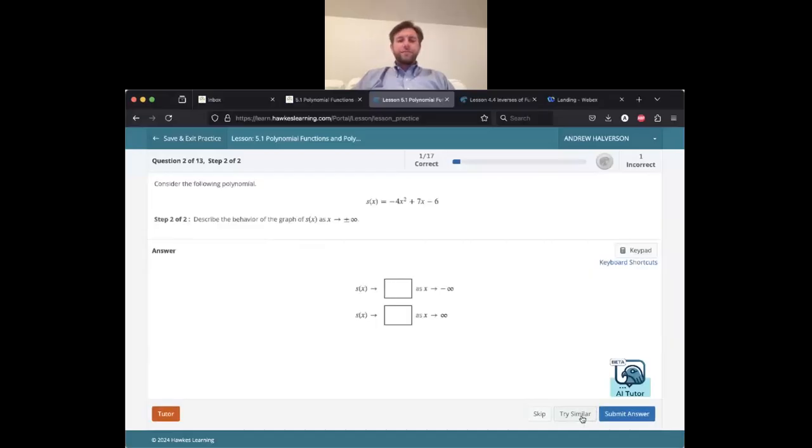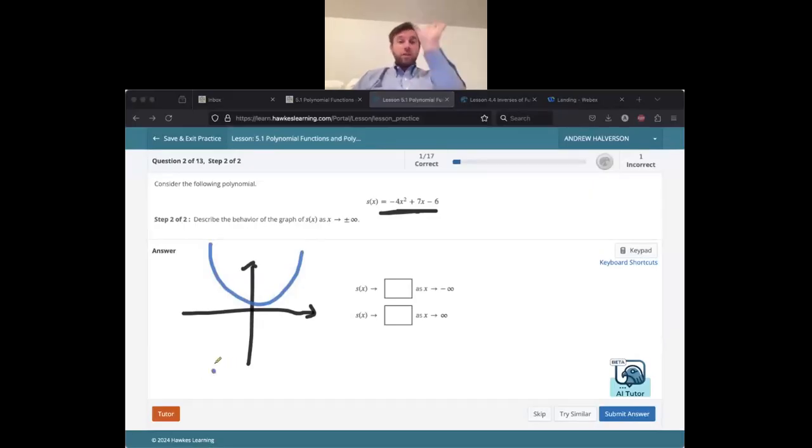Here's another one. So this graph here, what's the base of this graph? It would be a U also. But which way? Is it a U that opens up, or is it a U that opens down?